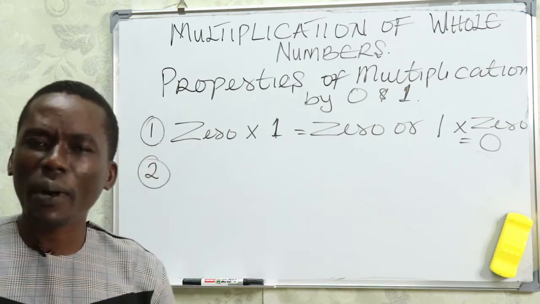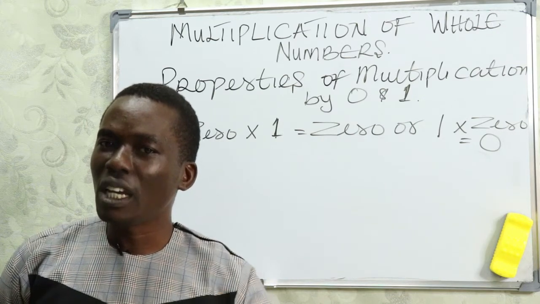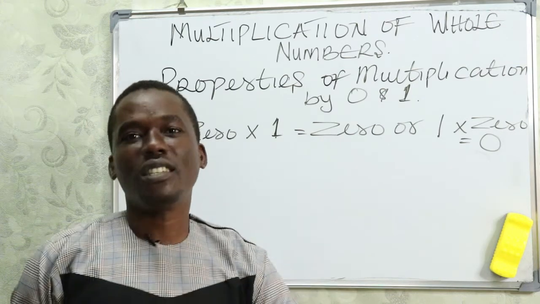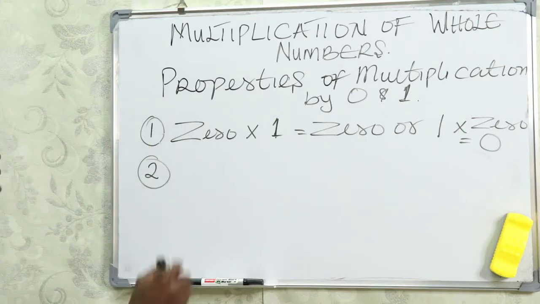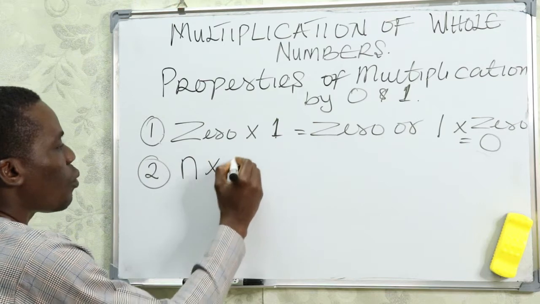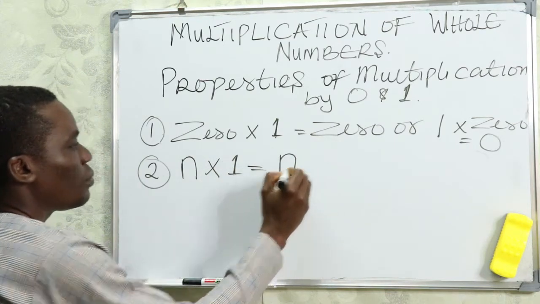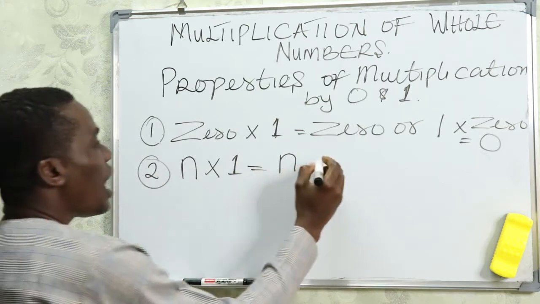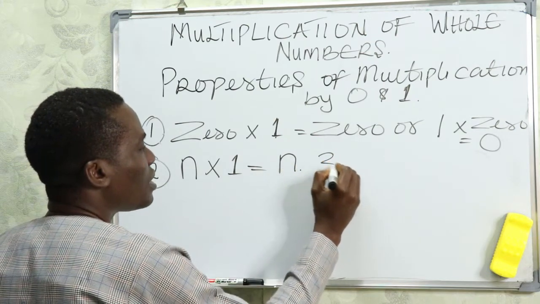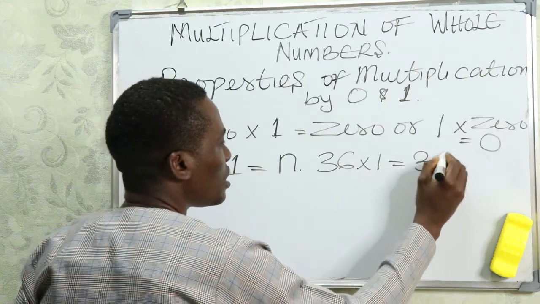Now let's look at the second property of multiplication by 0 and 1. The second property says any number multiplied by 1 is the number itself. Now if I have any number, let's say n multiplied by 1, it will give you what? The number itself. It will give you n. If I have 36 multiplied by 1, it will give you 36.